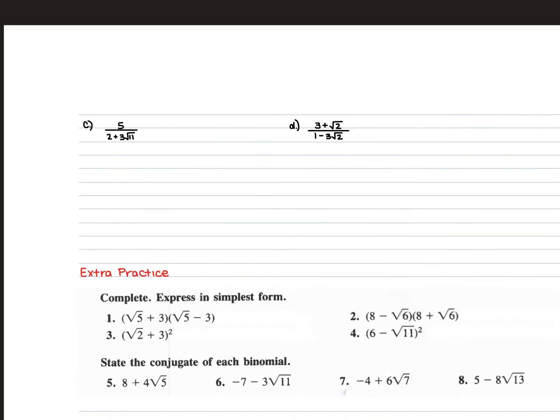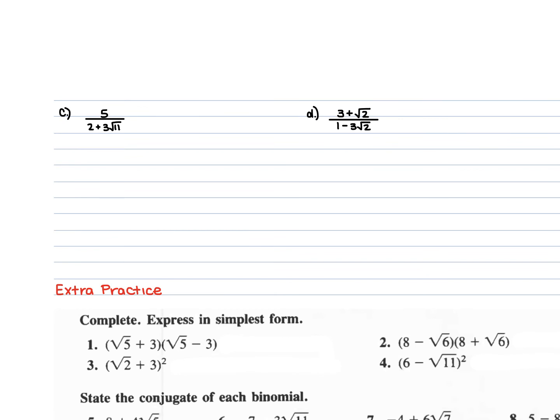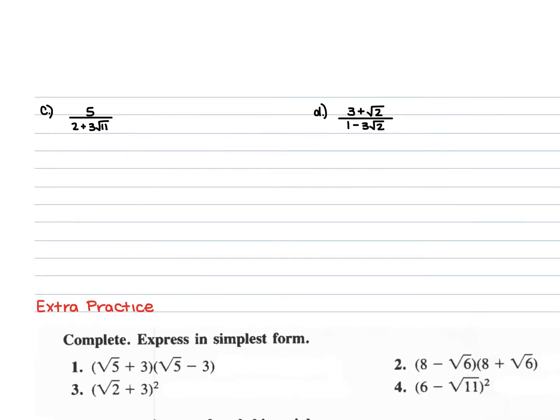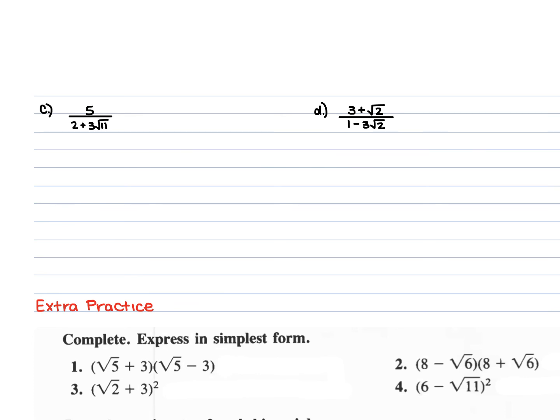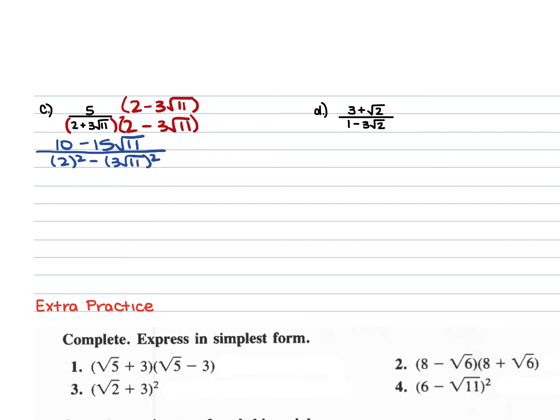For our next example, C, we have 5 over 2 plus 3 square root 11. To find the conjugate of that denominator, we're just going to take the 2, keep the 3 square root 11, change the sign between them, and then do the same to the top and multiply the numerator and the denominator by it. So this is going to give us 5 times 2, which is 10. 5 times negative 3 square root 11 is negative 15 square root 11, all over 2 squared minus 3 square root 11 squared.